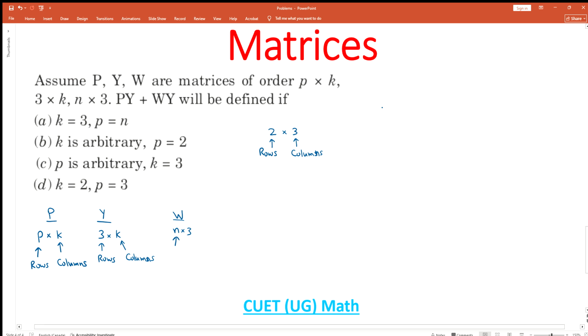Number of rows in this matrix is N and number of columns in this matrix is 3.